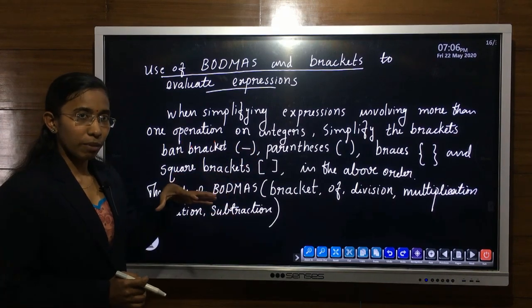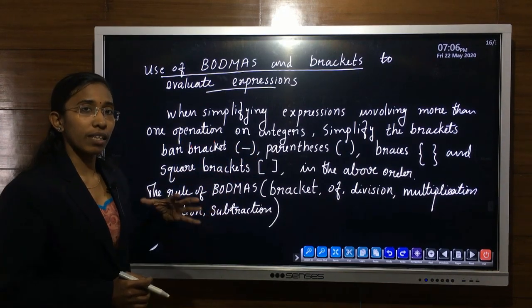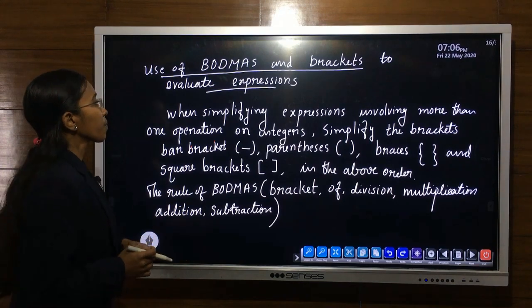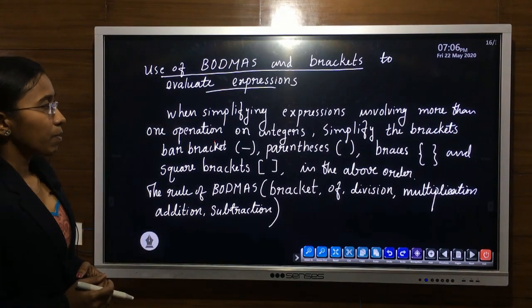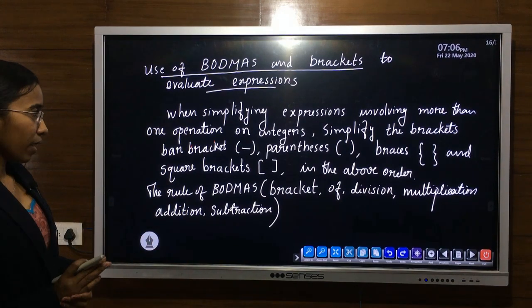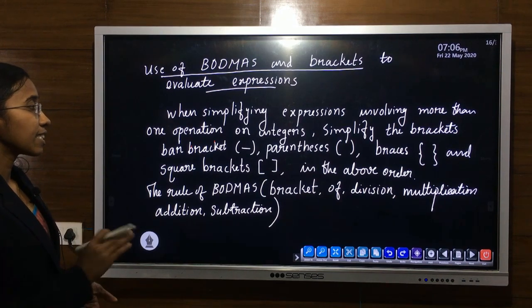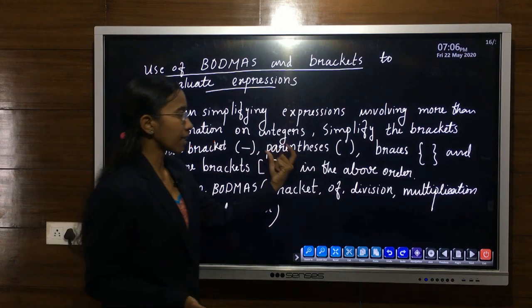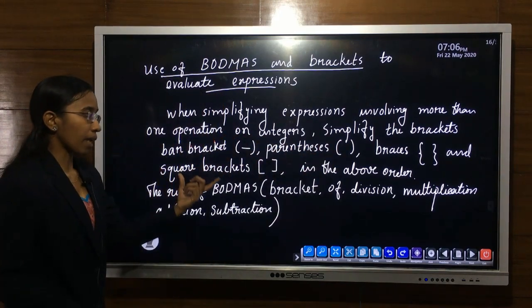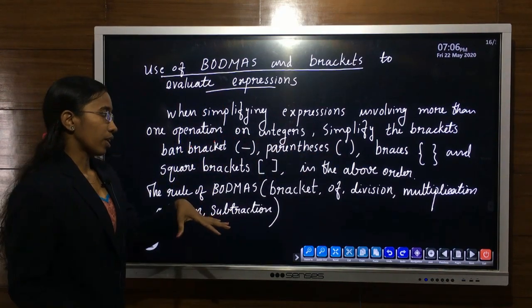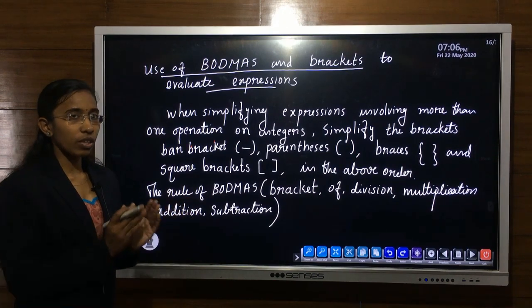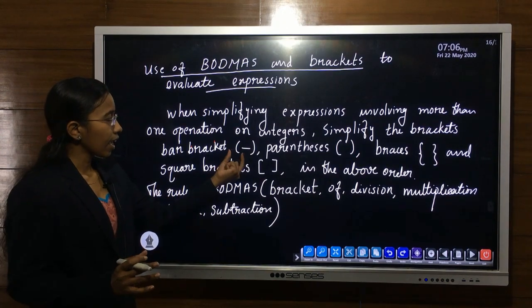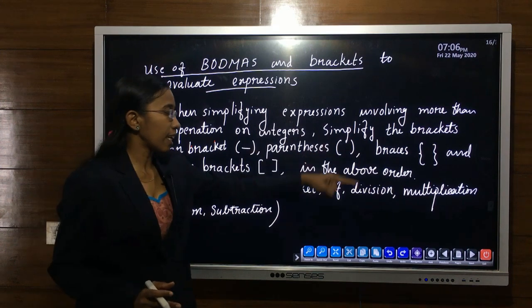Okay, how to open that bracket or what is the order of opening that bracket, that is here. When simplifying expressions involving more than one operation on integers, simplify the brackets first: bar bracket, parenthesis, braces and square brackets in the above order, which means in one expression these kinds of brackets are there.